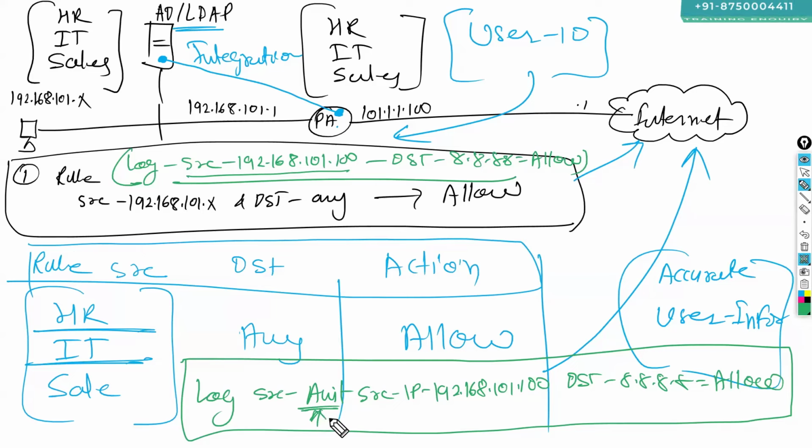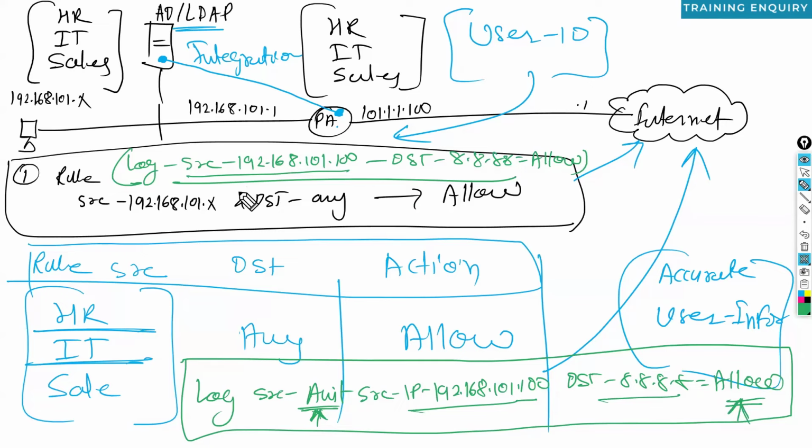Then we can ask him or her, you have accessed this website, which was allowed or denied, so why did you access it? If the policy says deny, and the user says I am not able to access any kind of application, but the firewall says you are the user, this is the IP, this is your destination IP, and according to the firewall this session is allowed.